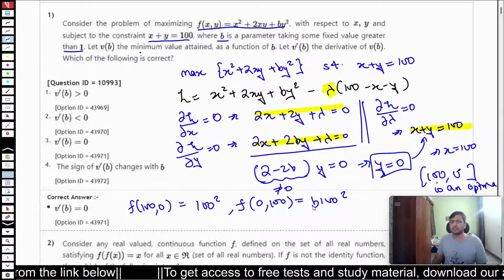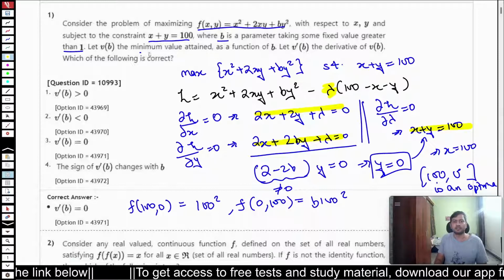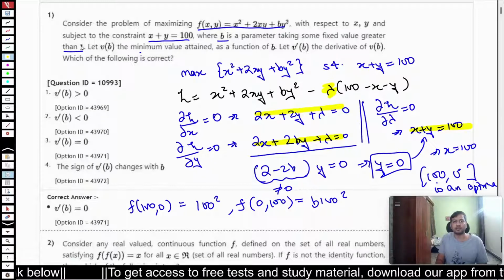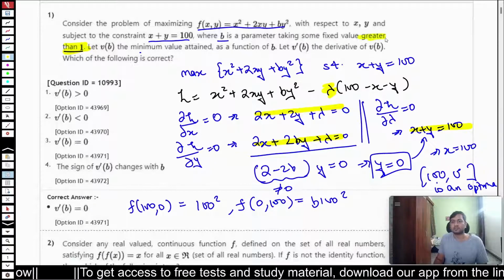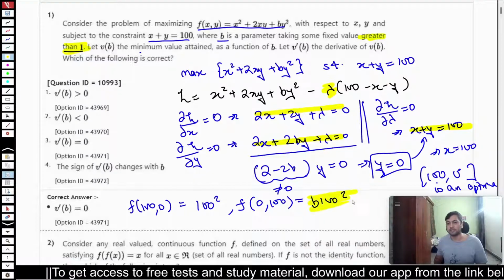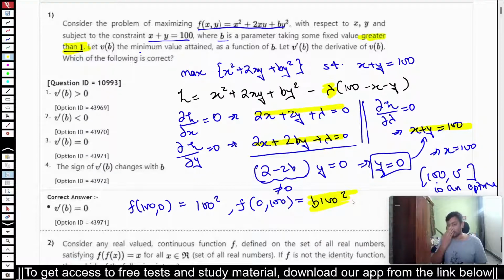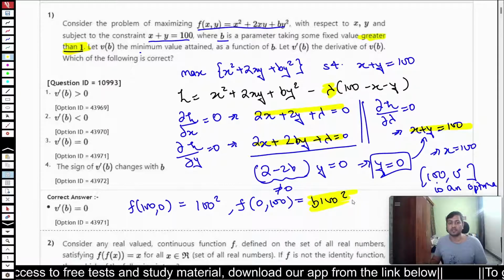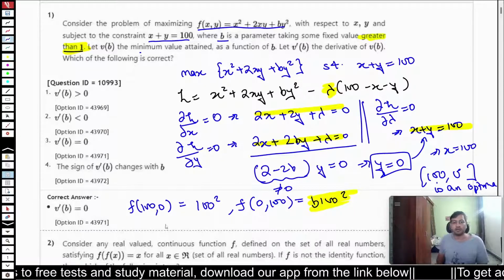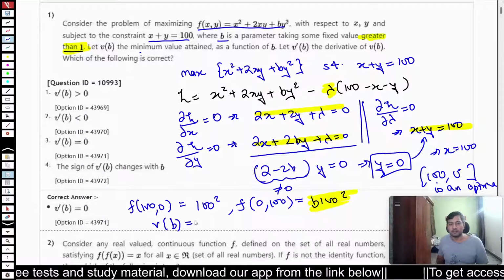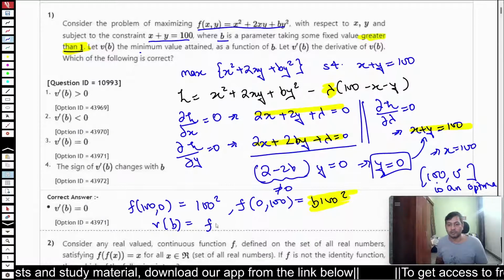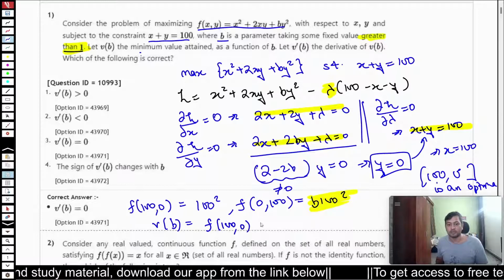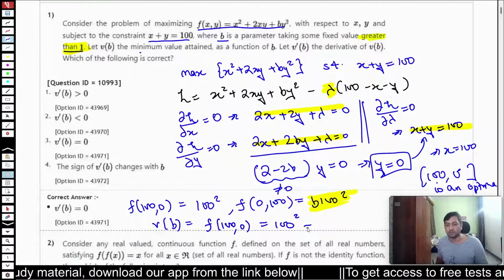Since b is given to be greater than 1, b times 100 square is higher. So obviously (100, 0) is a minima according to this Lagrangian situation. So the value v of b will basically turn out to be the functional value at (100, 0), which is just 100 square, which is 10,000.